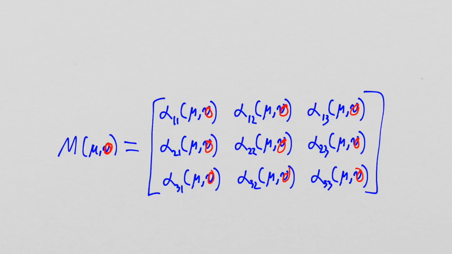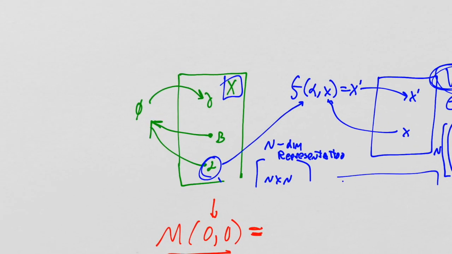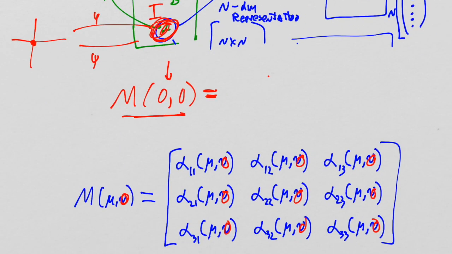And then we have to remember that M 0 0 is the matrix associated with the coordinates 0 0 in the underlying space. So I take this and it should map through the manifold mapping to the origin, which would mean that this is the identity. So M00 is supposed to be the identity matrix.